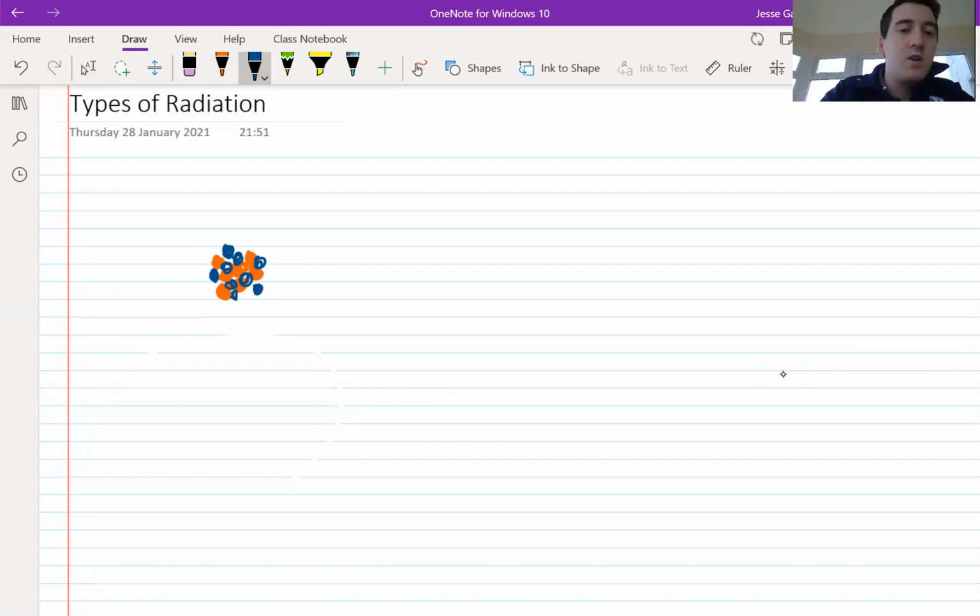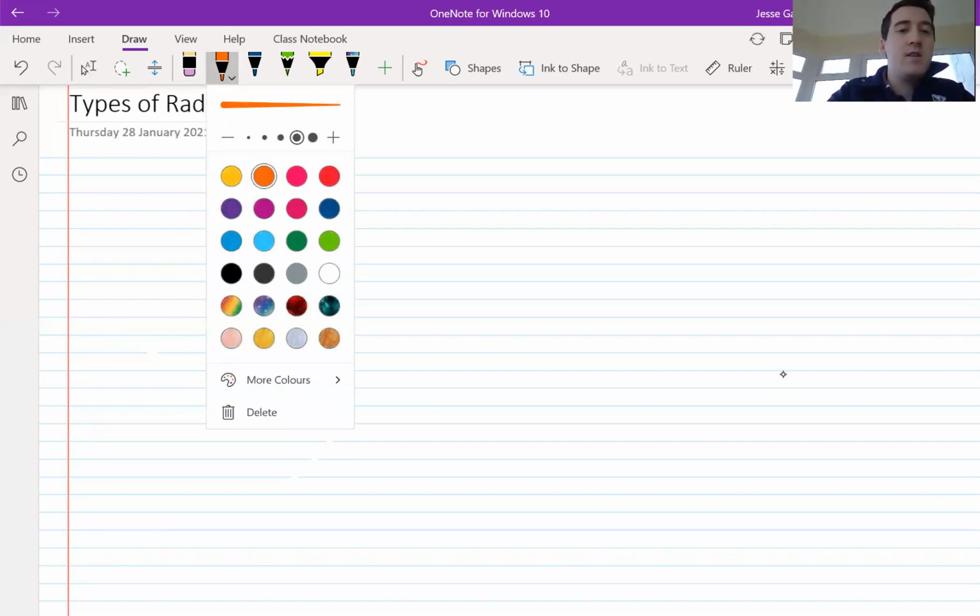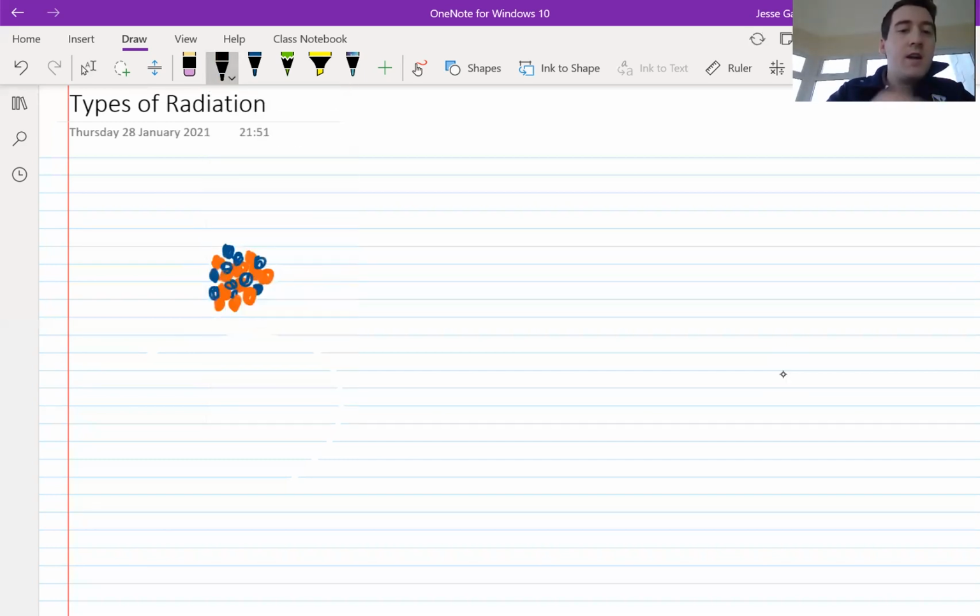This is an isotope of an unstable atom. A few more just for good measure. Okay, so this is what we call an unstable nucleus. There's a lot of vibrations here, there's a lot of energy, the protons and neutrons are too unbalanced. And what's eventually going to happen is the nucleus is going to break up.